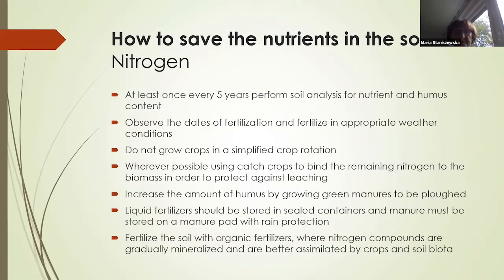And finally, of course, not all farmers are organic. There are some recommendations for conventional farmers also. What is important? How they can manage nutrients to have good crops, and also to have good water.